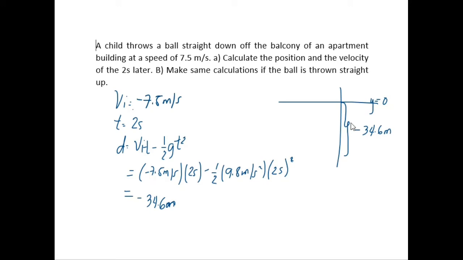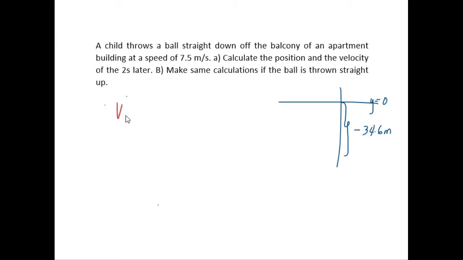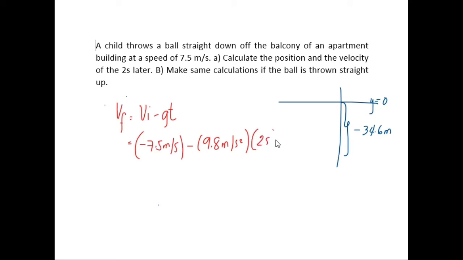Okay, next is to solve for the velocity. For the final velocity, we have VF equals VI minus GT. So for the initial velocity, you substitute negative 7.5 meters per second minus 9.8 meters per second squared times the time given, 2 seconds. So cancel one second.